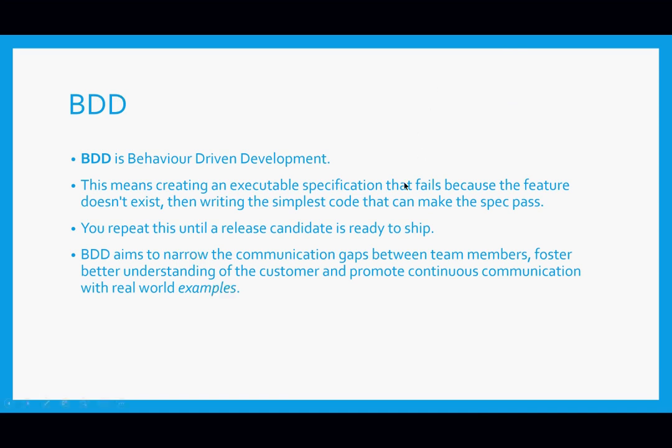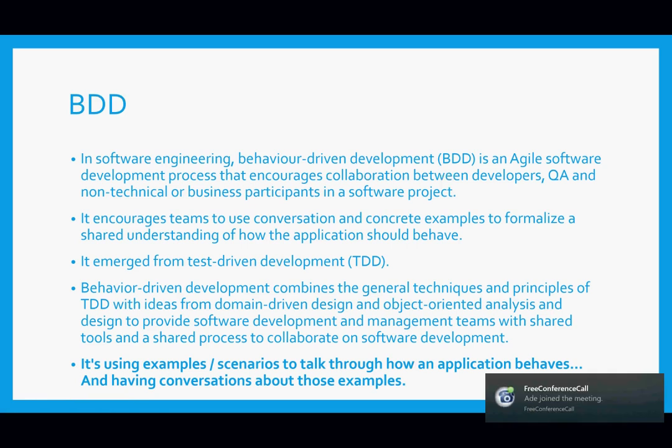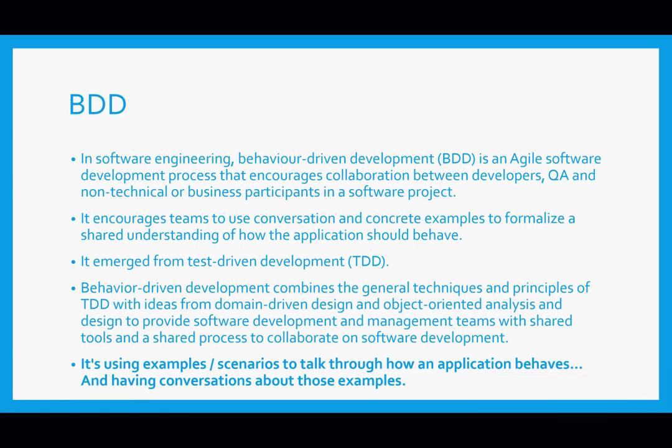So we're going to look into BDD today, and like I said, it's basically a development process that encourages collaboration between developers, QA, and basically every member of the development team. And like I said before, it actually emerged from TDD.